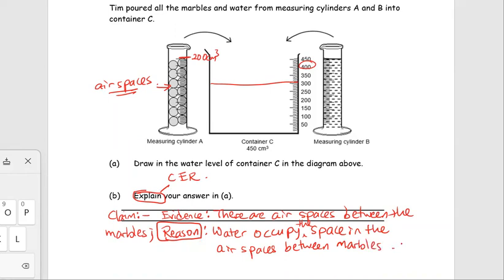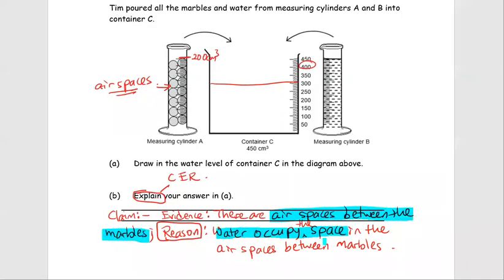So the key idea here is that water occupies space in the air spaces between. You look at keywords. These are important keywords: air spaces between the marbles, so that water will occupy the space between the marbles.